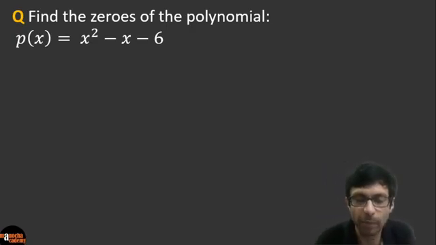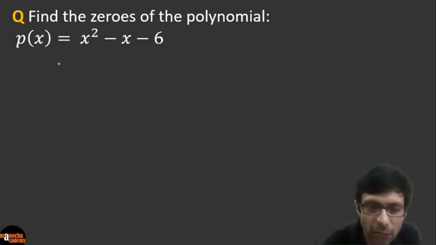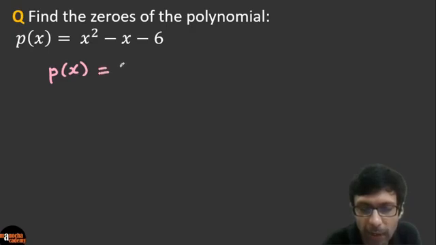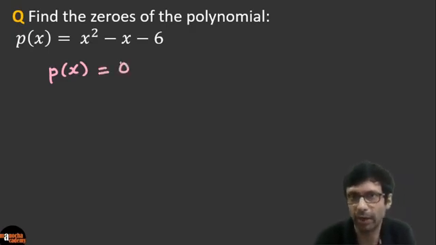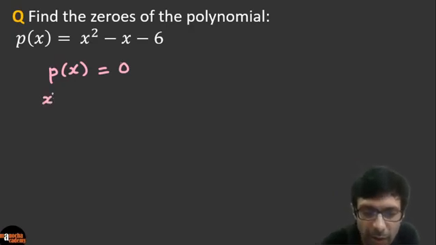Right? And what do we mean by find the zeros, guys? As we learned, it's very simple. To find the zeros, you basically have to form the polynomial equation, which basically means px equal to 0. So we set the polynomial equal to 0. So that's our equation. So we say x square minus x minus 6 equal to 0.